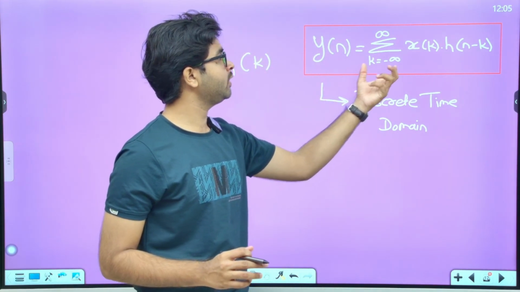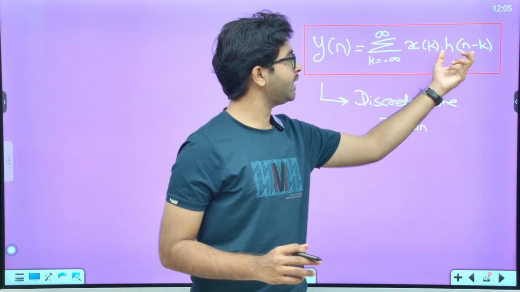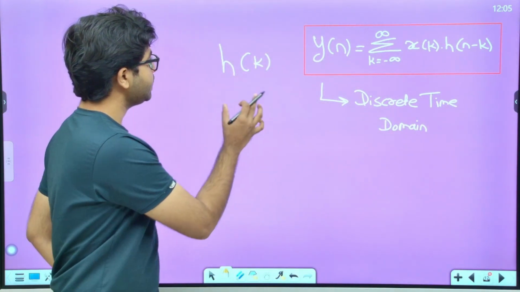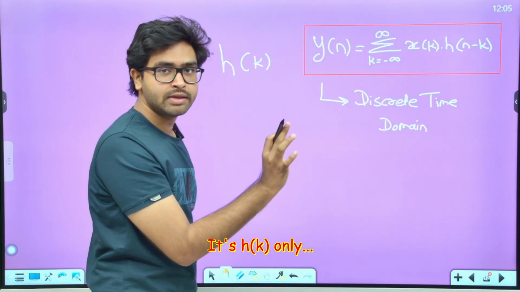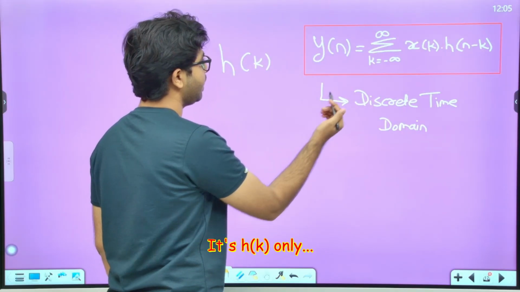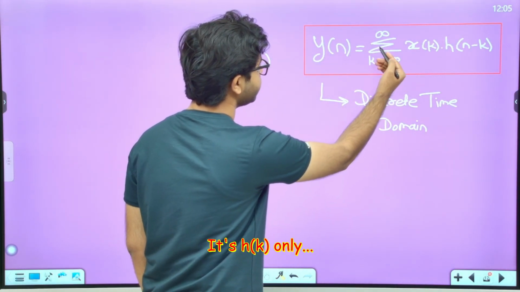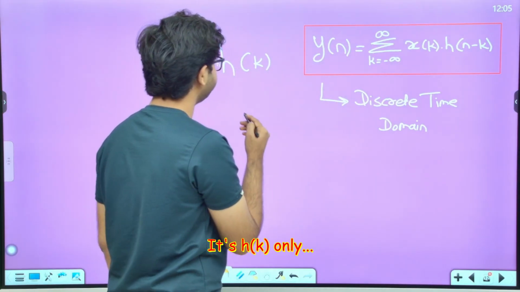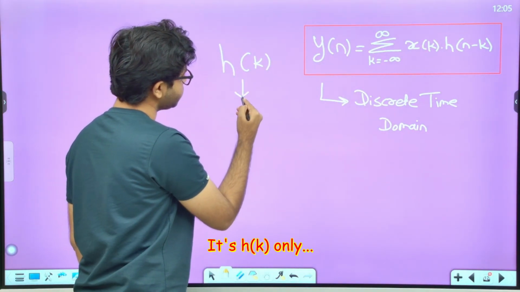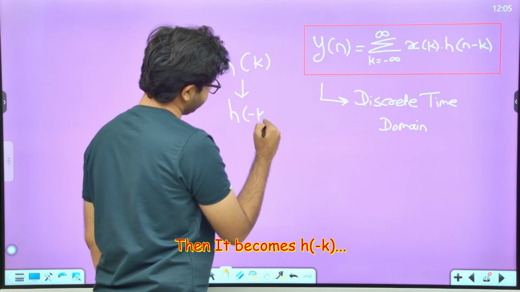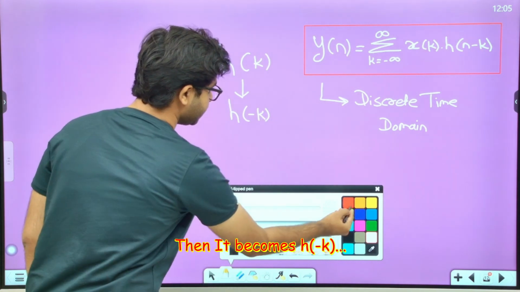In the formula of convolution, we place x of k and h of n minus k. How is it formed? Let's see. Initially it was, let's say, x of k. Instead of n, we have just put k, another variable, because it ranges from minus infinity to infinity. Firstly it was x of k, then it becomes x of minus k. This is the complete hierarchy.